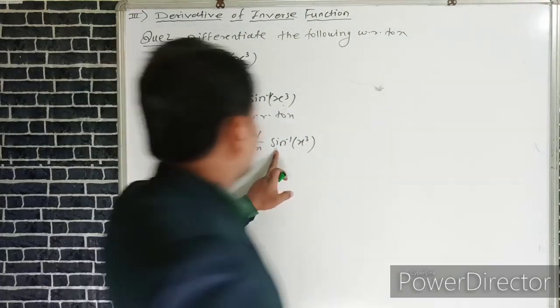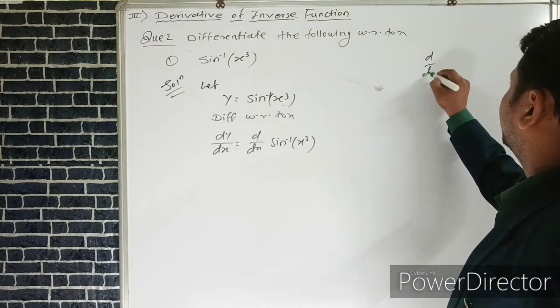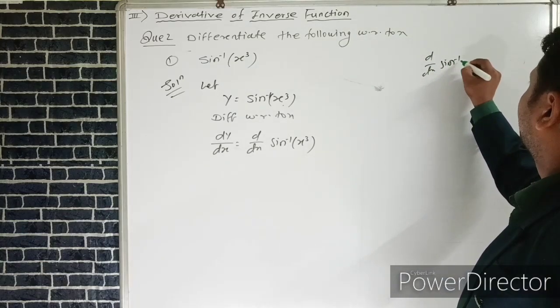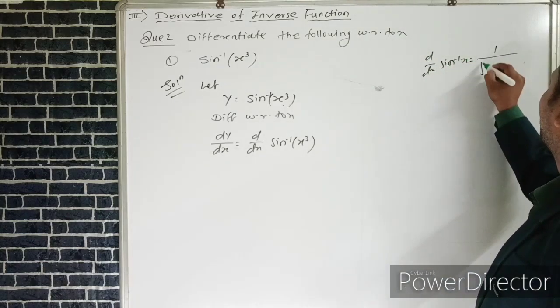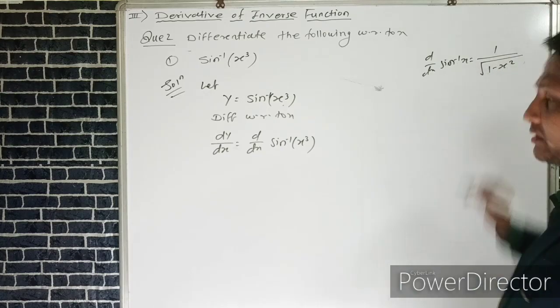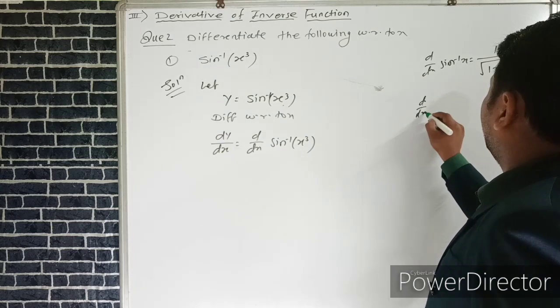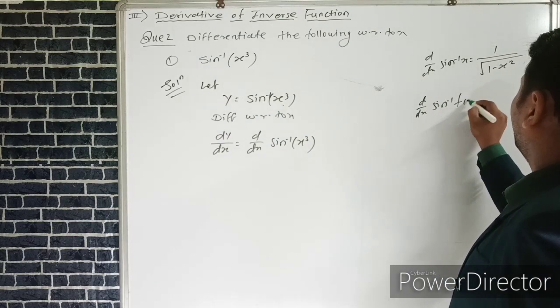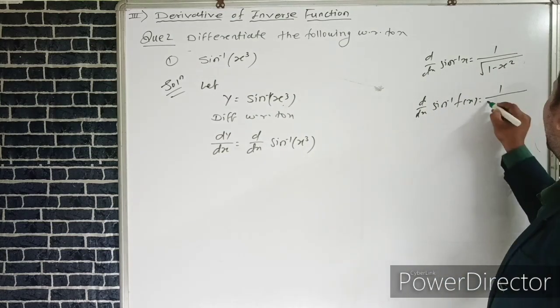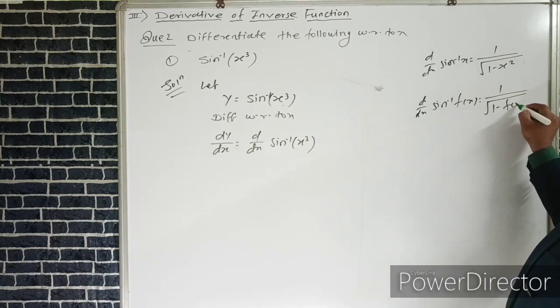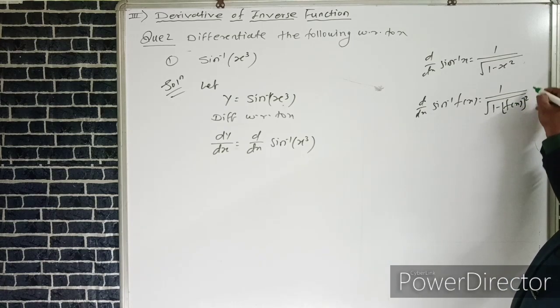We know that the derivative of sin inverse x is equal to 1 upon under root of 1 minus x square. And again, the derivative of sin inverse of f of x is equal to 1 upon under root of 1 minus f of x whole bracket square, into again the derivative of f of x.